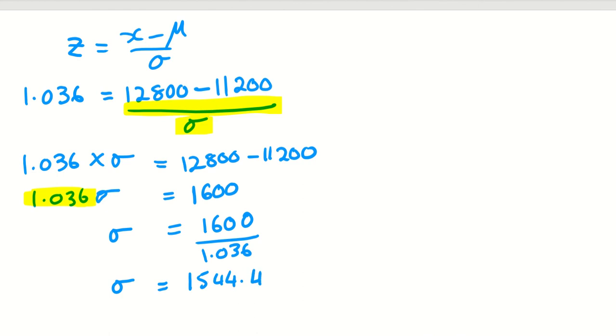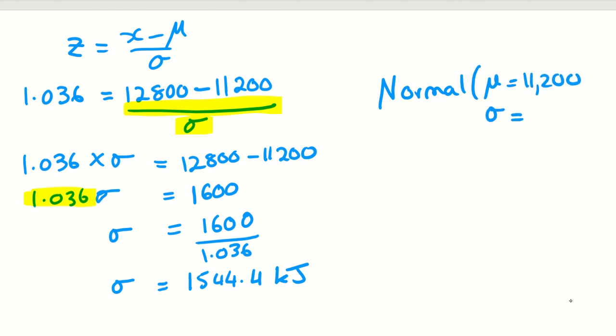And this is talking about the number of kilojoules of energy. So that would be the standard deviation. If I assume that the mean is 11,200, then my standard deviation would need to be 1,544 in order for the probability that we were given to be true.